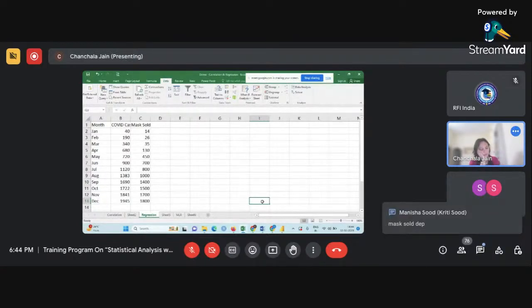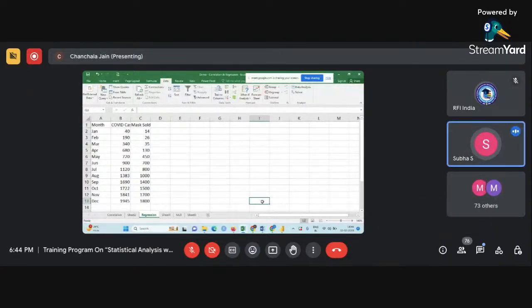Masks sold will be dependent and COVID cases will be independent. Okay, so everyone is agreeing with this?